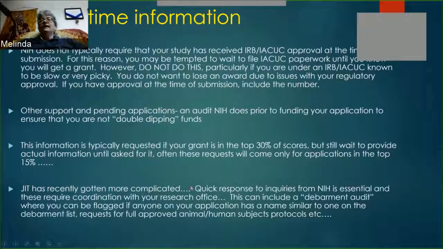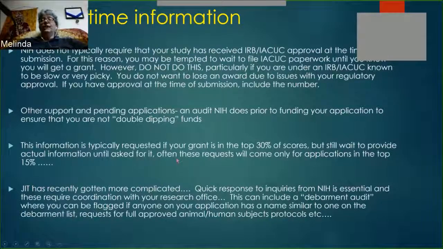Some things that I ran into: there's the just-in-time that's available on the website, but then when NIH starts to go through your application and that website stuff, they found that a staff member has a name similar to somebody who has been debarred from all federal funding, and I actually had to go through a certification process that the person on my project with that similar name was not the same person who was debarred.